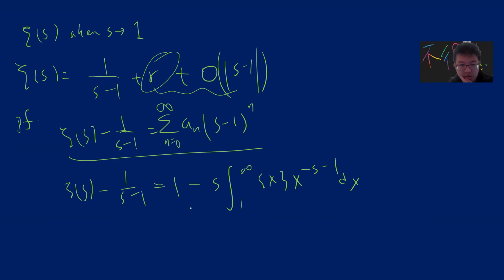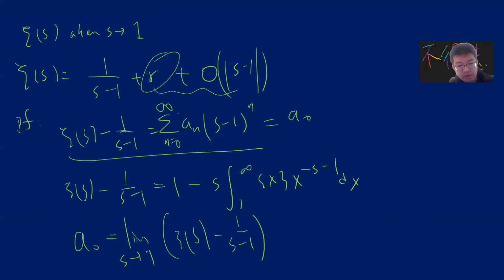This is just the previous result, and I want to compute a_0. So what is a_0? a_0 is just the limit as s goes to 1. So what is the left-hand side?